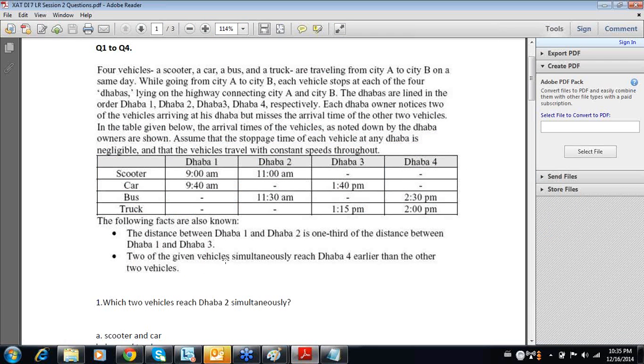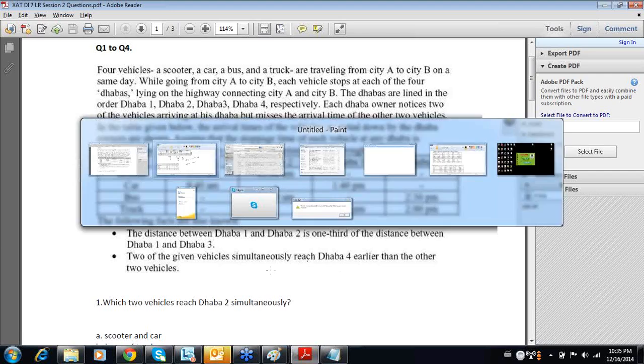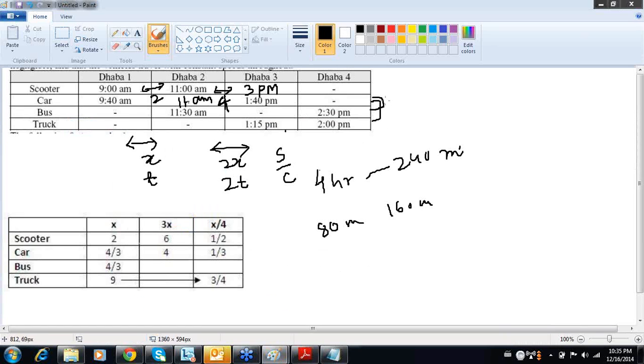What it is saying, 2 of the vehicles simultaneously reach dhaba 4 earlier than the other 2 vehicles. So it has to reach at only 2 p.m. Then only it will be earlier than the other 2 vehicles, because the other is already 3 p.m. So it will reach dhaba 4 only after 3 p.m. And it is already 2:30 p.m. So it has to reach earlier than the other two, that means it has to reach before 2:30 p.m. and 2 has to be equal.